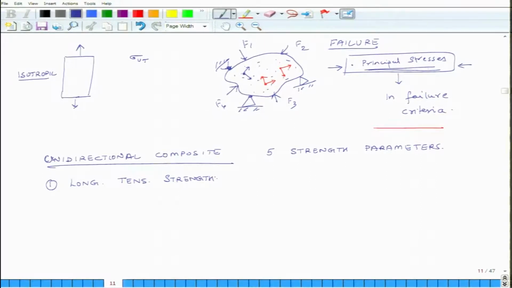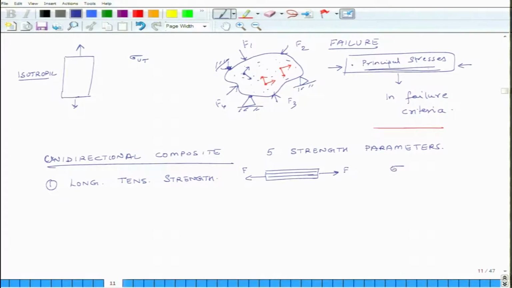How do you calculate it? You have a unidirectional lamina, you take a sample of it, you pull it in tension in such a way that the fibers are aligned with the direction of your tensile stress. So, this is F, okay, and then you keep on pulling it till the thing fails, and the stress at which it fails is called longitudinal tensile strength.